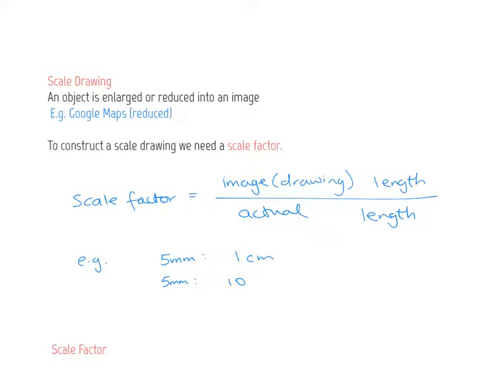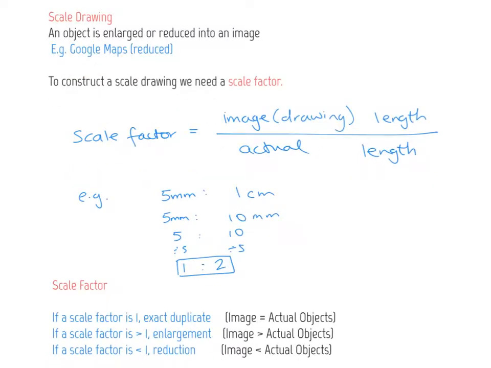And then I need to get rid of the millimeters, so it would be 5 to 10. I need to divide both sides by 5. That would give me 1 to 2, so that would be the scale factor. So every 1 millimeter on my graph will represent 2 in real life.